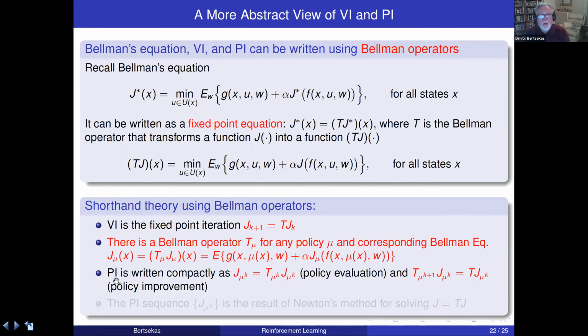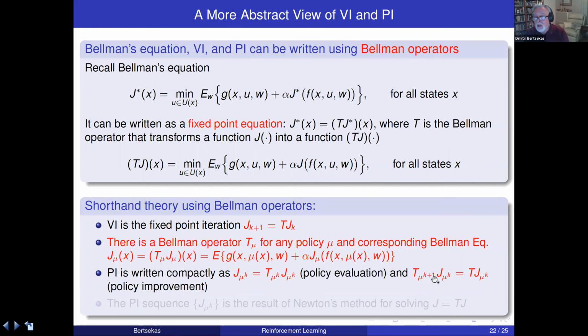And now we can write policy iteration in a compact form. The policy evaluation operation is this. Given mu k, we find a fixed point, a solution of this shorthand equation, a fixed point of the operator T mu k. And policy improvement can be written like so.